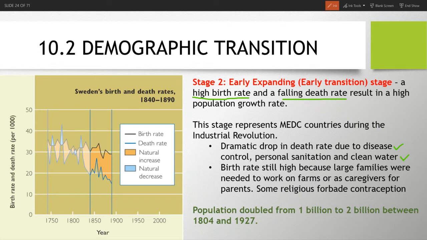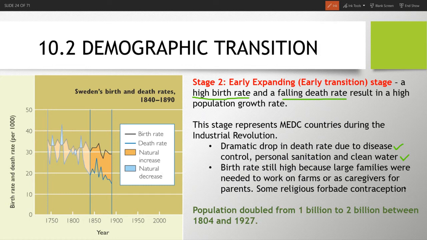So it was quite common, as we mentioned earlier on, to have large families where the children helped with the work on farms or would serve as caregivers for parents as parents got older. So it was common to have not many children, but 5, 6, 7, 8 children in a family.